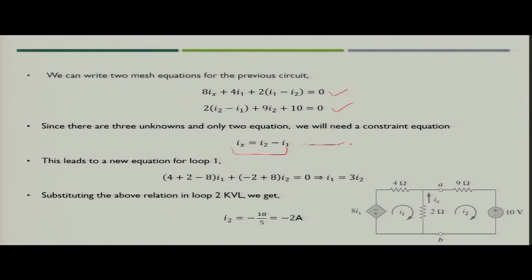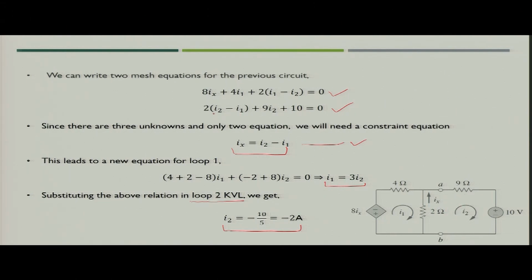Now, if you use these three equations and solve them, you will get I 1 is equal to 3 I 2, and using KVL in loop 2, you will simply get I 2 is nothing but minus 10 divided by 5, because you solve it with the help of the circuit and get the value of current I 2, since I 1 is nothing but 3 I 2, and you write the loop equation for this.